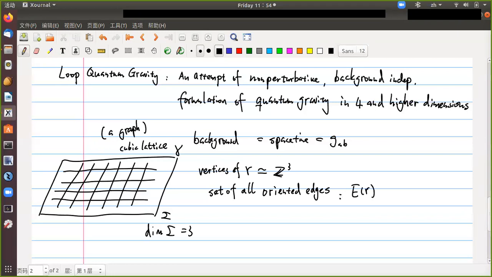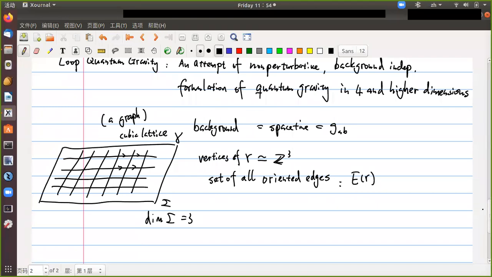Oriented edges means that each edge has an orientation, because each edge is a curve, and all the curves are related to a certain parameterization of the curve, and then you have orientation. I will come to that, and this is useful for reasons that I will talk about.